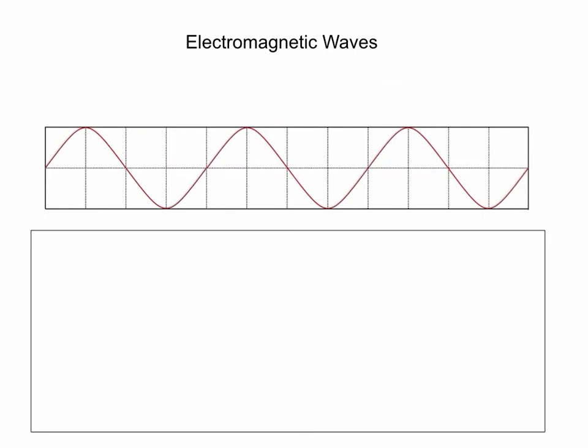So now that we've talked a little bit about the electromagnetic spectrum and types of waves, let's look at the properties of a wave itself. The top of the wave up here is known as the peak. Every time the wave reaches its maximum, that will be the peak. The bottom of the wave down here is known as the trough.